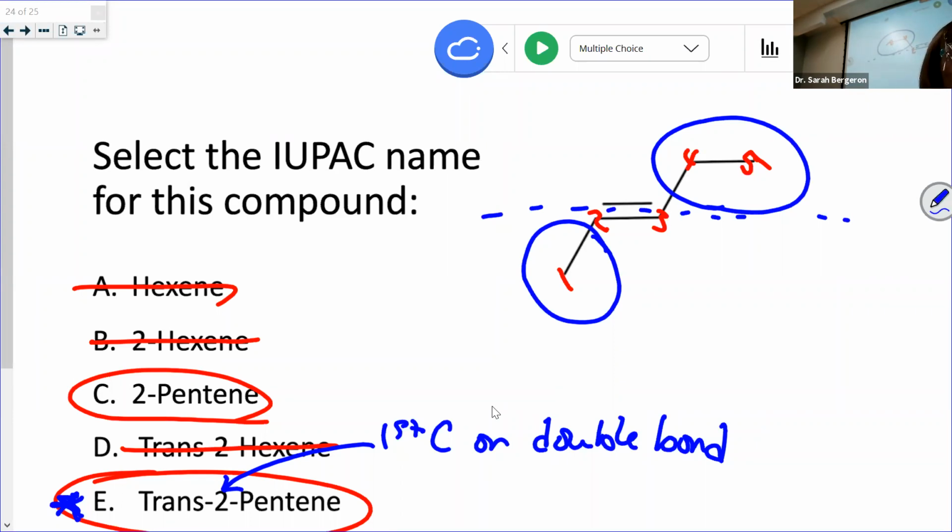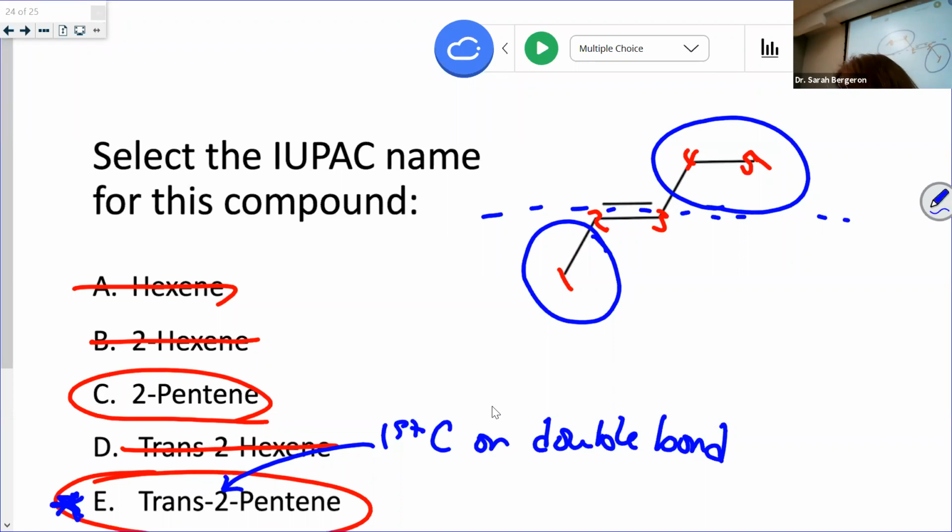What would cis look like? Well, you would have to name it as cis or trans because it's a double bond. So you would have to say, do the substituents both go above the double bond, or both below, or one above, one below?